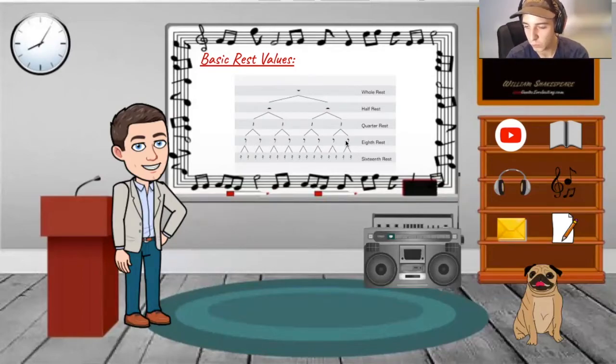And then we have eighth rests, which I think my music teacher back in middle school used to tell us it looks like Elvis because it has a little curly thing. And then we have 16th rest, which is just same spiel as the 16th note. It just adds an extra little flag to it.